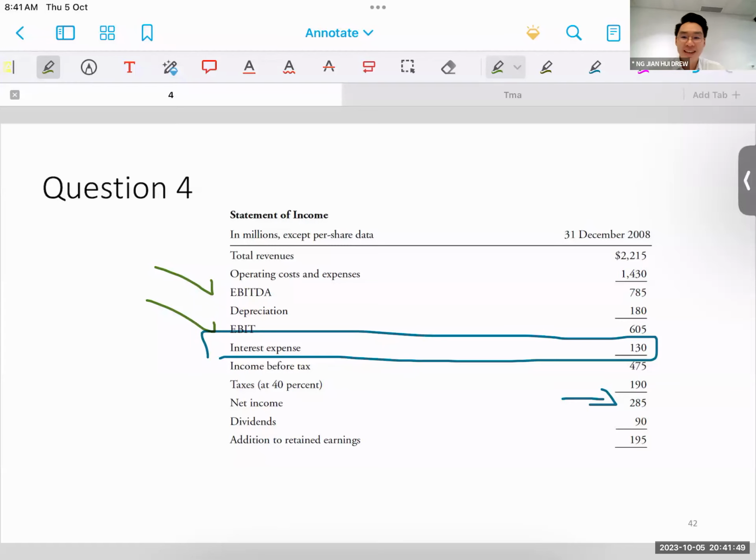Subsidiaries are more than 50% owned, associates are less than 50% owned. So they are not consolidated into your financial statement, but they provide a share of their income. For example, if they are 25% owned, they provide 25% of their income into the mother company. You can think of it a bit like dividends, but it's the share.